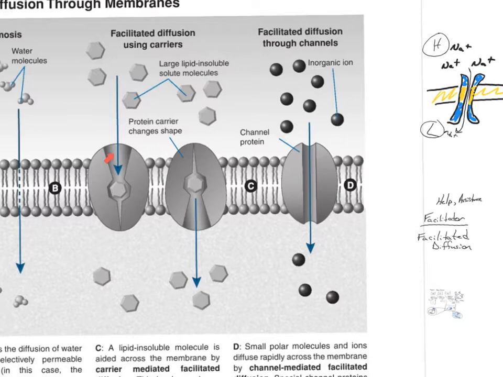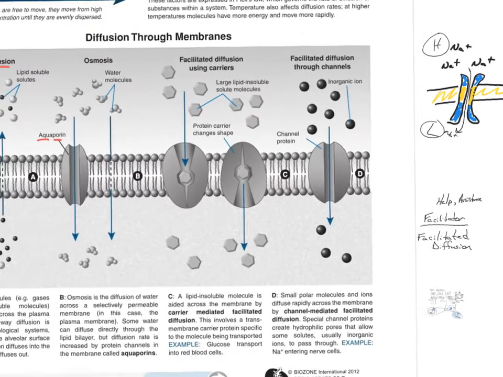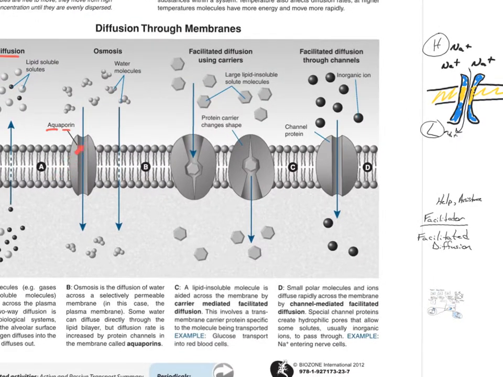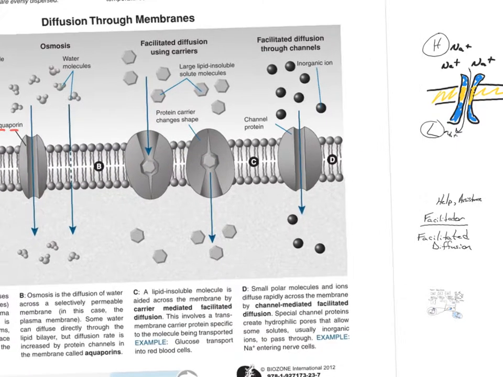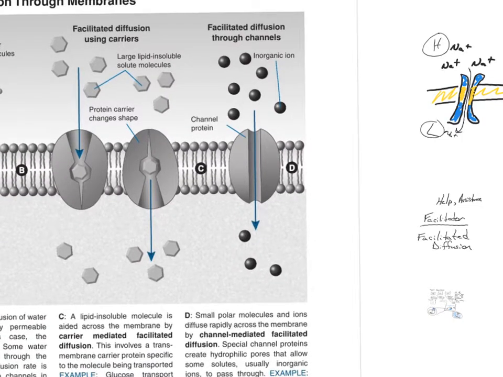When it attaches, the protein changes shape. So here it's high, it lands here, and then it opens up on the other side, and in it goes. So it's still diffusion, still going from high to low, but you're using a facilitator. It's called a carrier. So one facilitated diffusion is a channel. The other's a carrier.